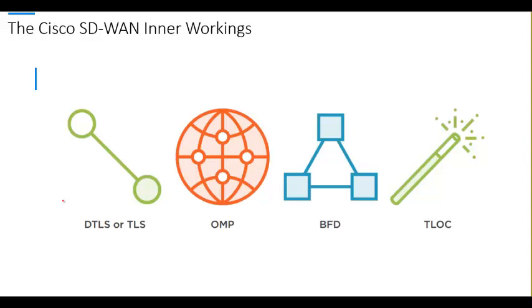vBond, we need authentication. Our edge devices cannot go and talk to some other vSmart and get the control plane. That would be dangerous. Our edge device needs to get control plane information only from our vSmart. And our vSmart should import all the route policies only from our NMS we manage.